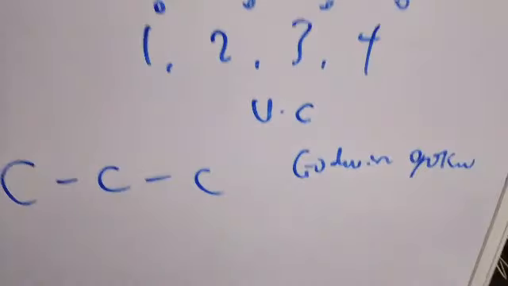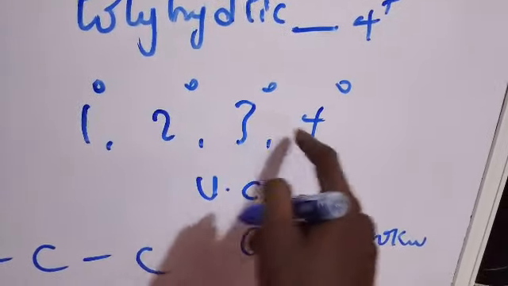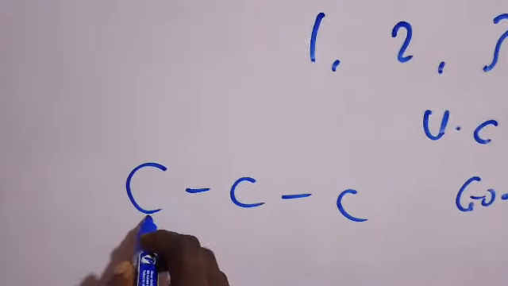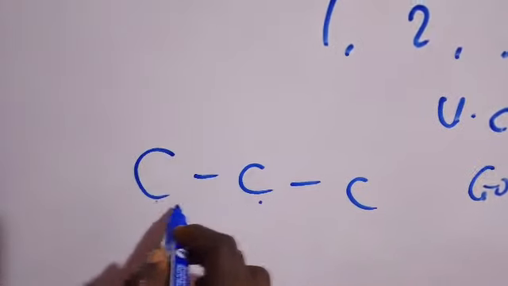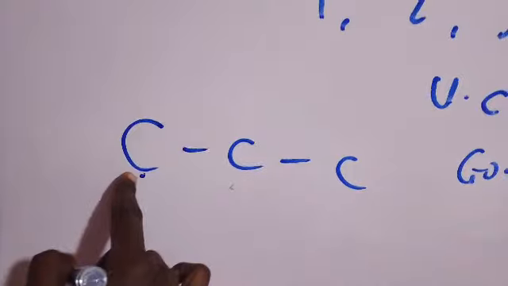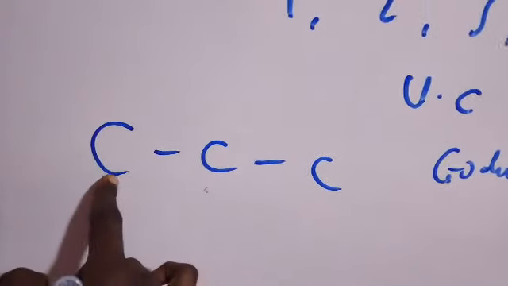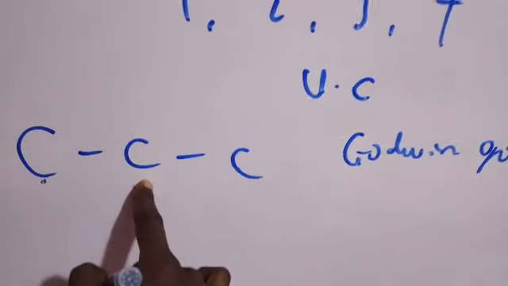Students need to understand primary carbon, secondary carbon, tertiary carbon, quaternary carbon. When a carbon is bonded and linked to only one carbon atom, we can say this is primary. This one is the primary carbon atom, bound to only one. This one in the middle here is bonded to both this and this, so this one is secondary.